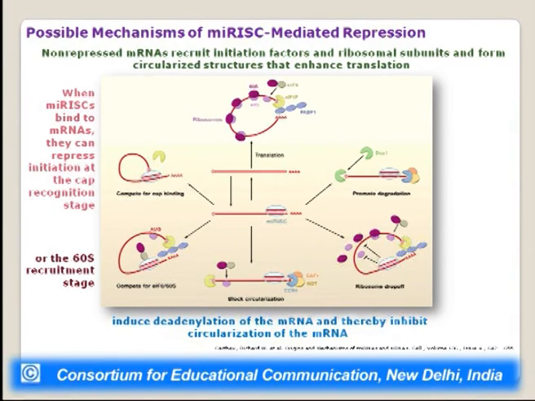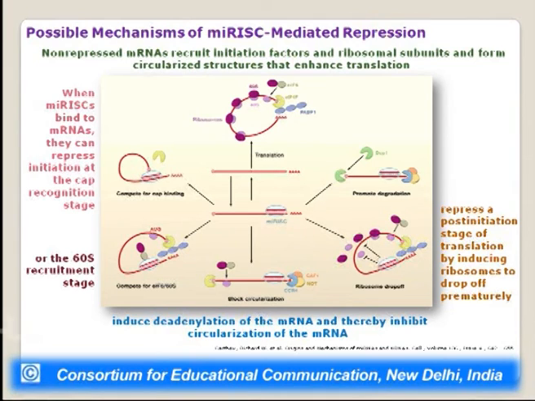They can also induce the deadenylation of the mRNA and thereby inhibit the circularization of the mRNA. So, the mRNA transcript has to circularize for the translation to occur, but they induce deadenylation of the mRNA. So, there is no more polyadenylation tail which is required, and therefore, this inhibits the circularization of the mRNA and therefore inhibits the translation.